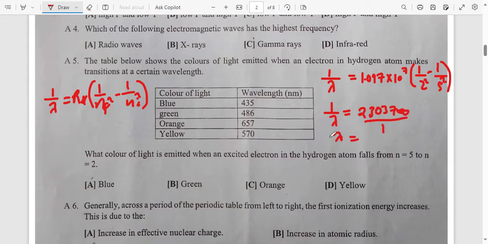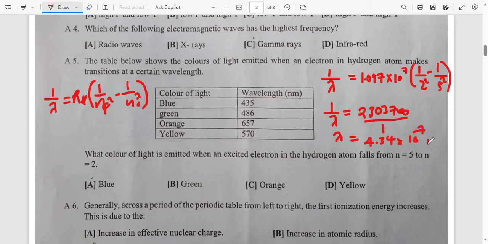I cross multiply and then make this the subject of the formula. So we're going to say just the inverse of our answer. The answer that we have found, to the power negative 1, or 1 divided by 2303700, and that is going to give us 4.34 times 10 to the power negative 7.